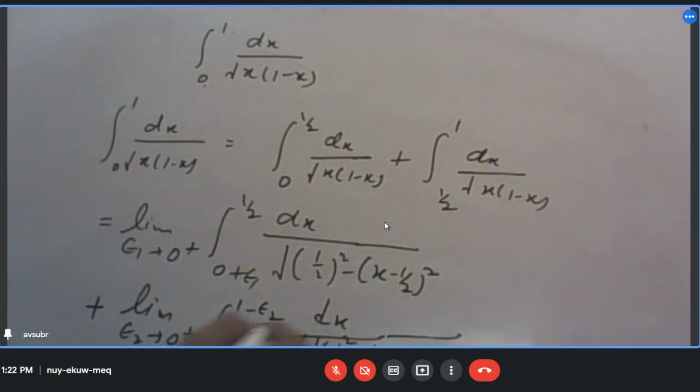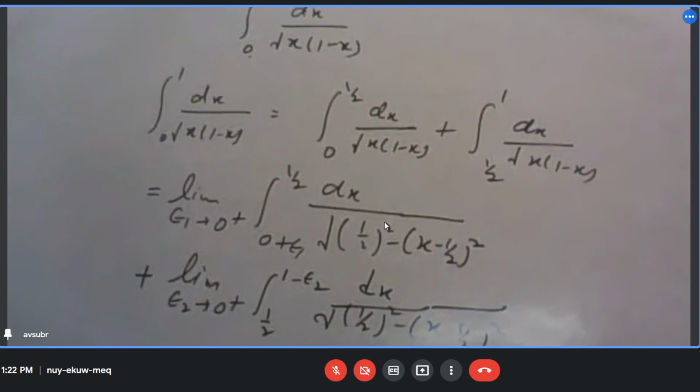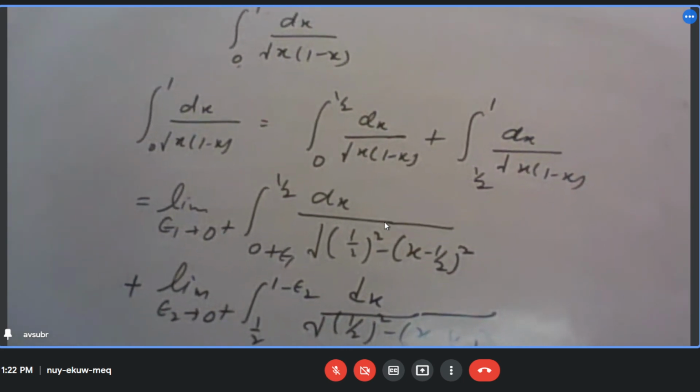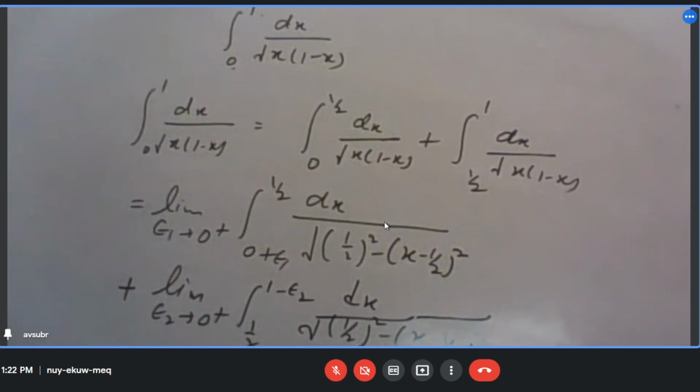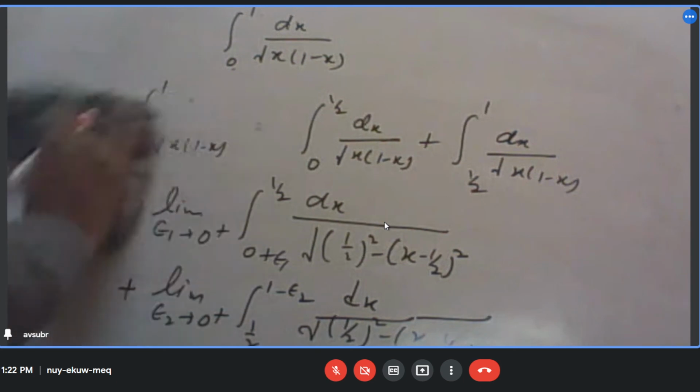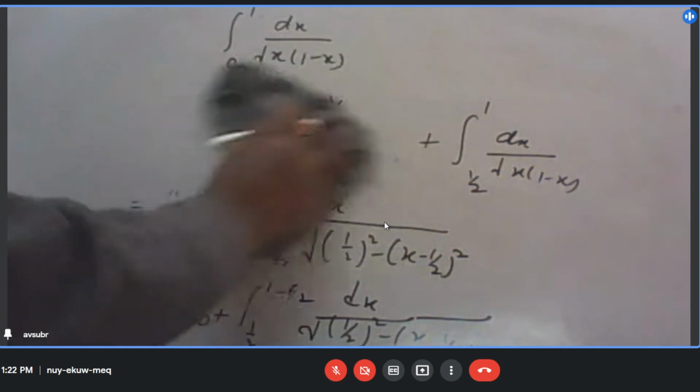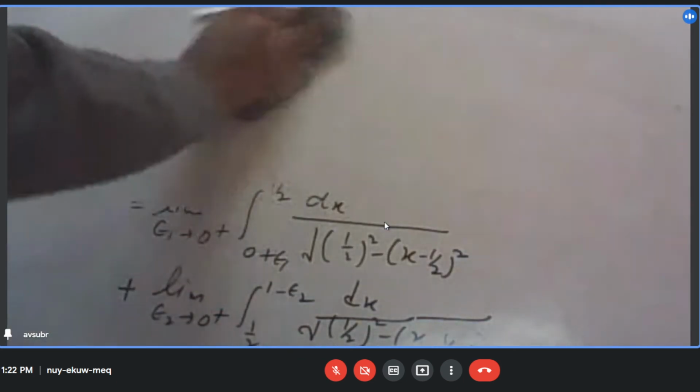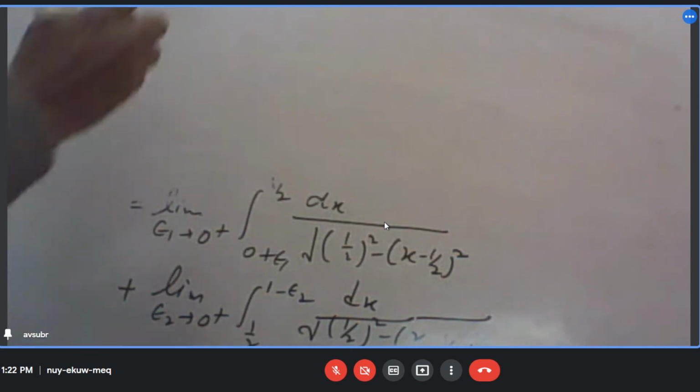Is the lower part visible? So I can write it like this. Is there any problem? Now I know that this can be integrated.